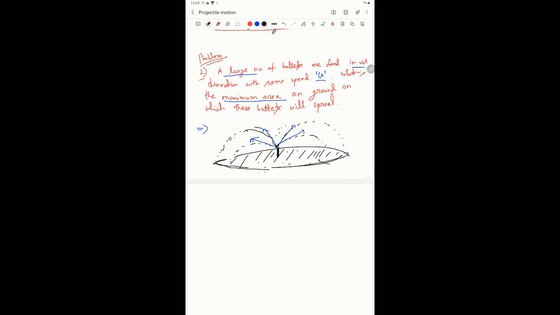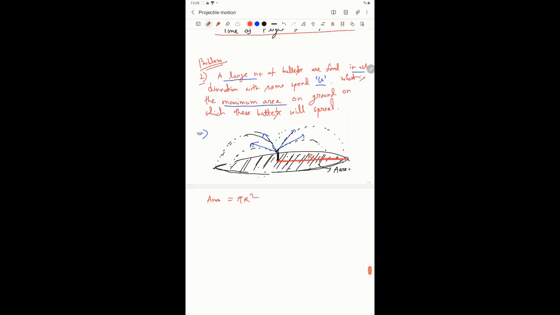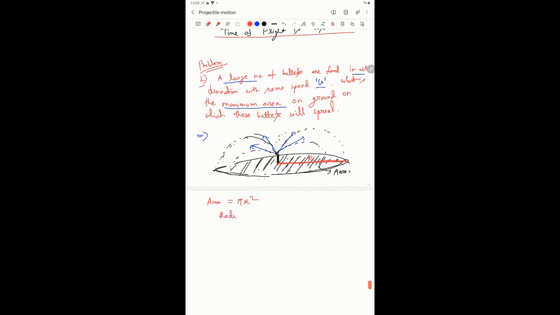So we have to calculate the area of this circle. To calculate this area, we have to know the radius, because the circle's area equals pi into radius square. This radius will be the range.